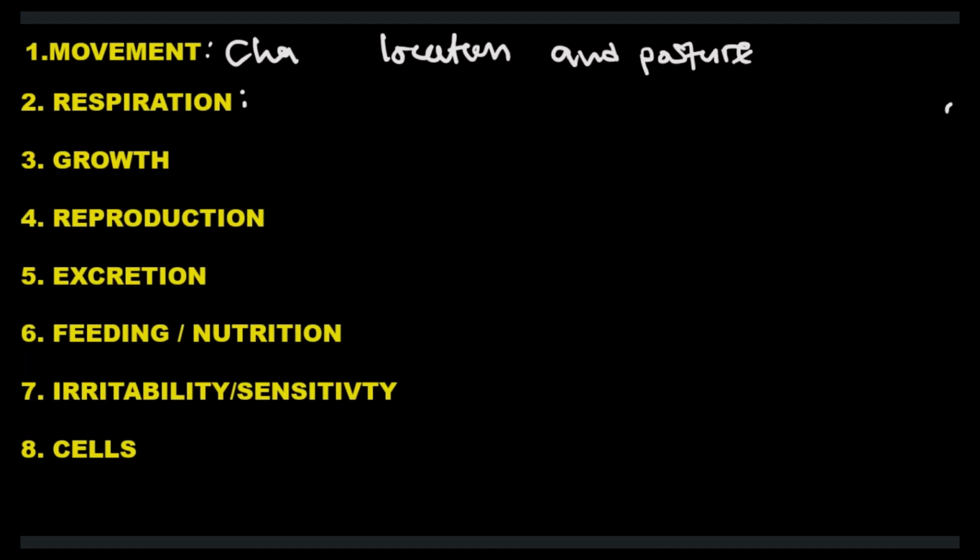So we are saying respiration is the process by which energy is released from the food substance in the living cells. Energy is released from the food that we eat. And there are two types of respiration: aerobic and anaerobic.